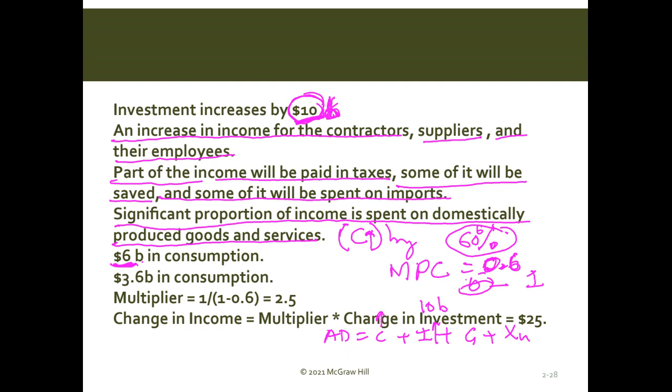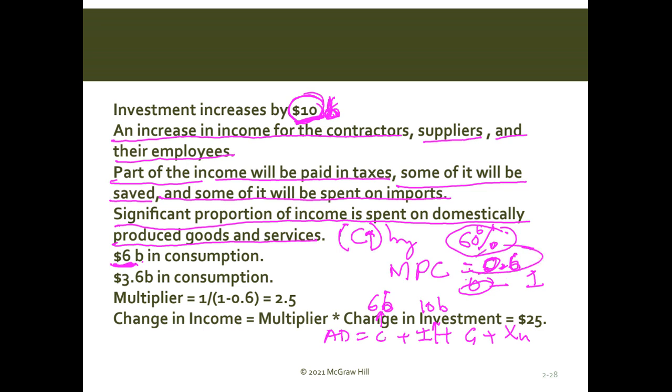But this consumption expenditure, $6 billion, will be someone else's income as well. And therefore, this $6 billion will be again taxed, saved, spent on imports, and then on domestically produced goods and services. So we assume the MPC 0.6. So 60% of $6 billion is 3.6 billion.